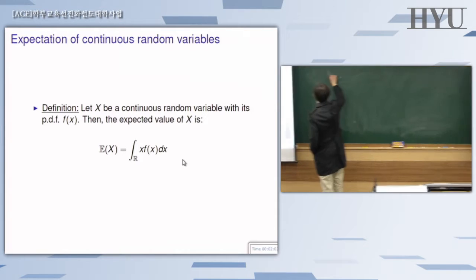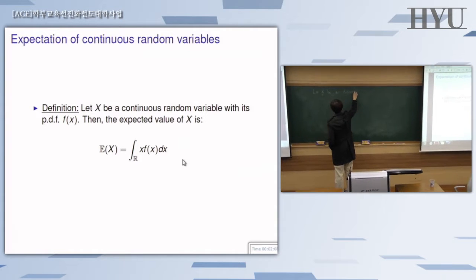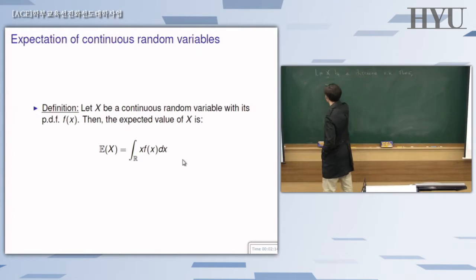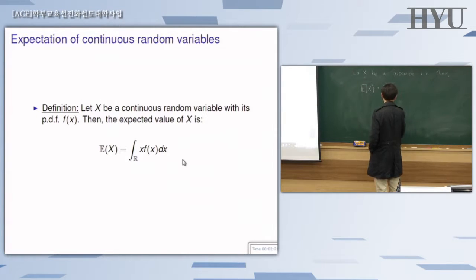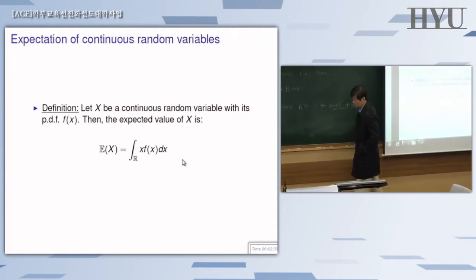Let X be a discrete random variable, and the expected value is the sum of x times P, where P is the probability mass function of X. So that's how we define this expected value in the discrete case.